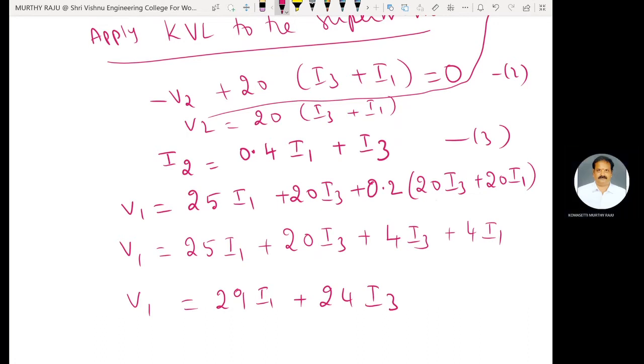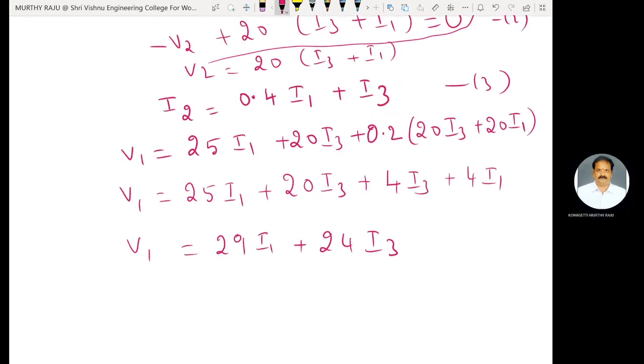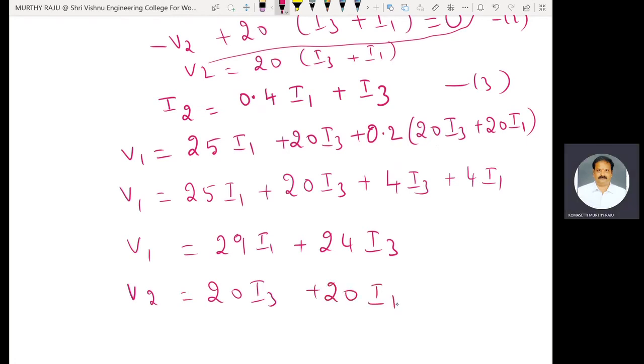Now the value of V1 is equal to 29 I1 plus 24 I3 and V2 is equal to 20 into I3 plus I1, V2 is equal to 20 I3 plus 20 I1.